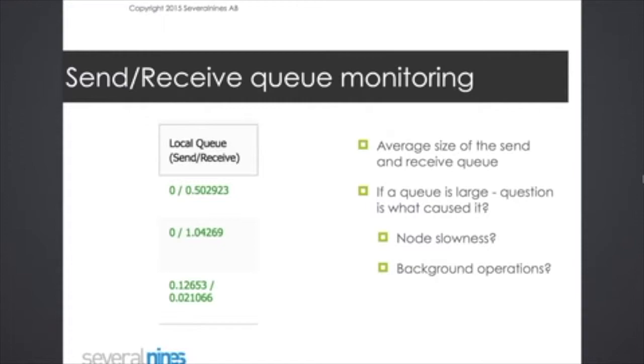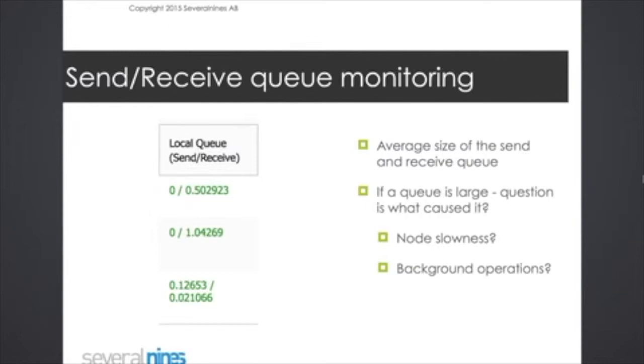So if the send or receive queue is large, then it may mean that something is not entirely correct with this particular node. So the question is also what caused it.